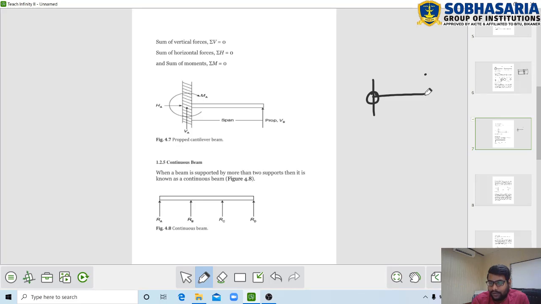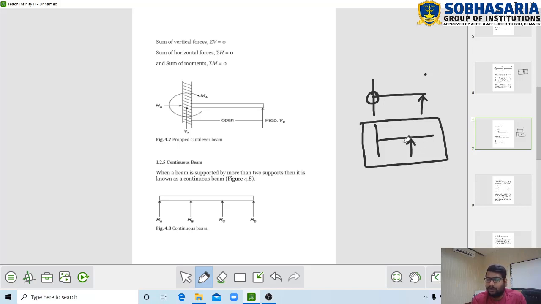Suppose you give a support on the free end, the support can be anywhere regarding its distance, you can place the support anywhere. So when this type of condition arises, we call this beam a propped cantilever, in which the free end is supported at any distance from the support, one support is provided.